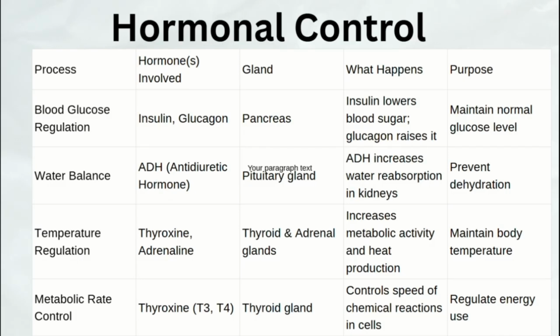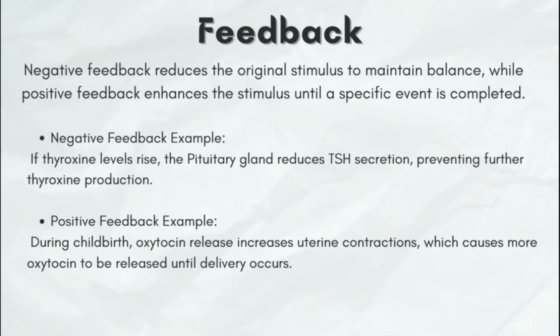Then you have the metabolic rate. You have thyroxine, which is produced by the thyroid gland, and it controls the speed of chemical reactions in the cell, to regulate energy use overall.